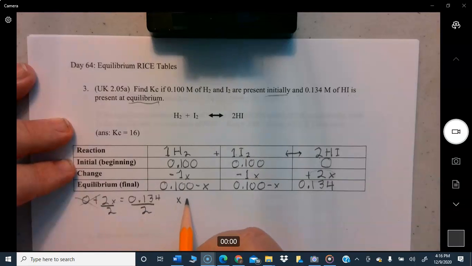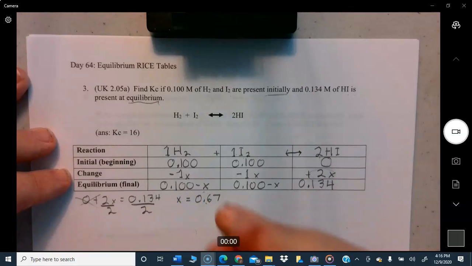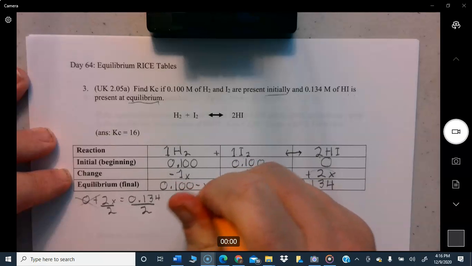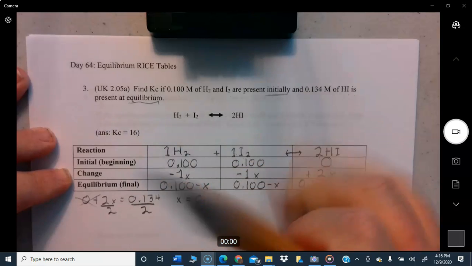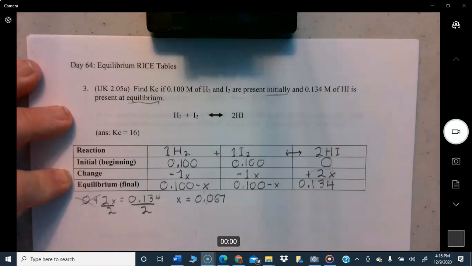And that means x equals 0.067. I goofed earlier, got to be careful on these. That's why it might be useful to use a calculator. So that's going to be x.